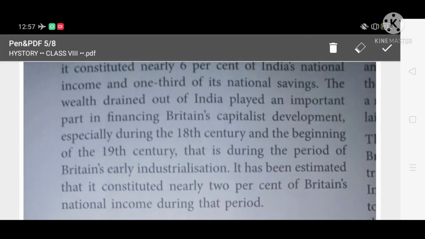The wealth drained out of India played an important part in the functioning of British capitalist development.